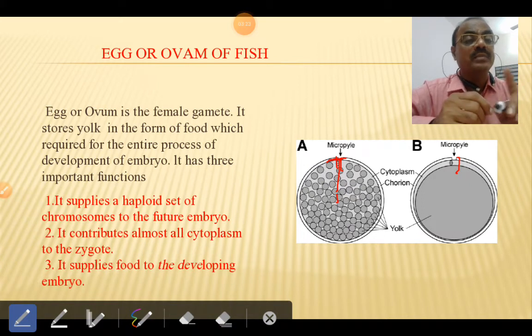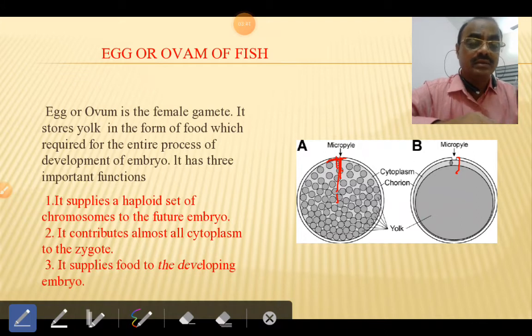Only one sperm can enter through the micropyle for the fertilization of the egg. After fertilization, a zygote is formed, and the zygote is the first stage of a developing embryo.